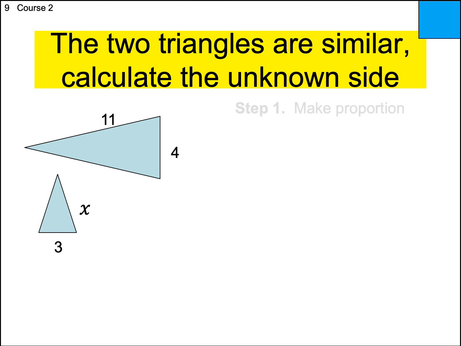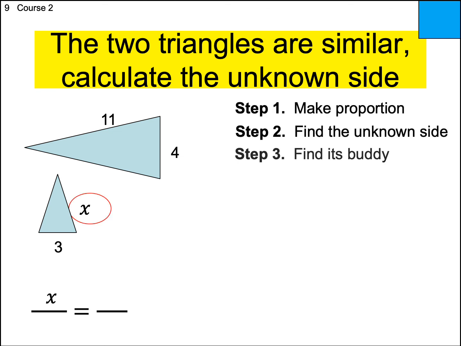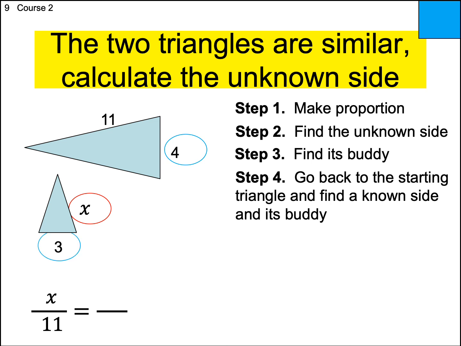So let's see, we're trying to find x. X would go with 11. And I started with the small one, so I go back to the small one, 3 goes with 4. Now notice, the order does matter. If you start with the large one and put that in the numerator, all the numbers for the large one have to be in the numerator, and the denominator has to be the smaller of the two.